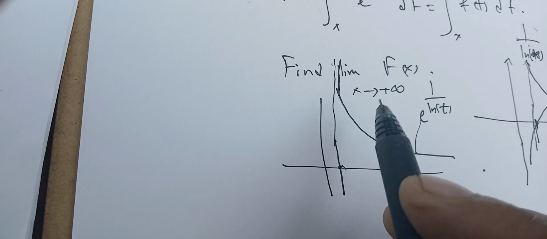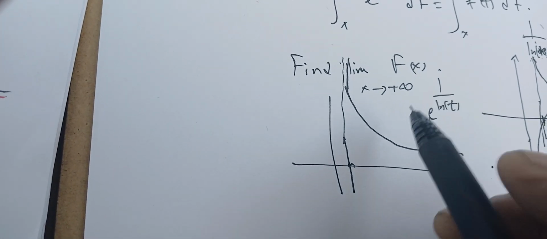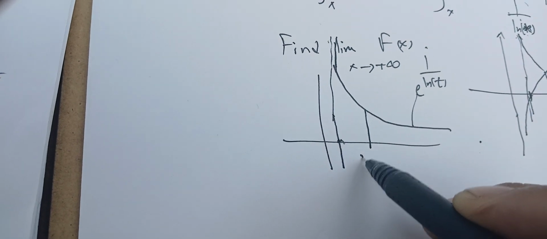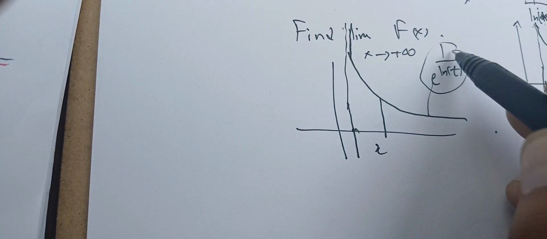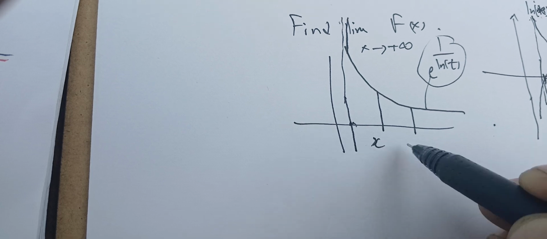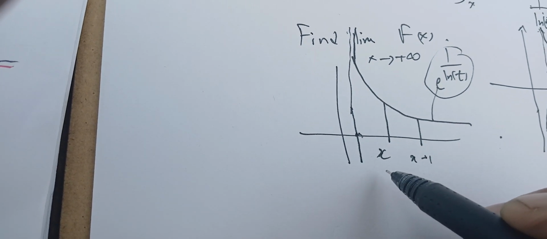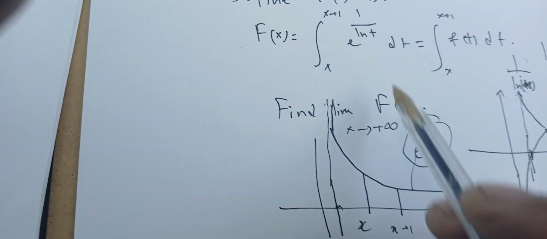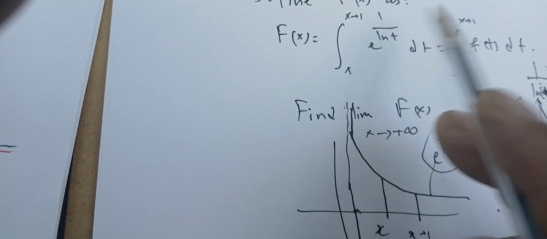Now we can use some techniques that we know. We can integrate. This is our f of t. We can integrate it between x and x plus 1. Okay, here we need to pay attention. Big F of x is the integral of f of t between x and x plus 1.